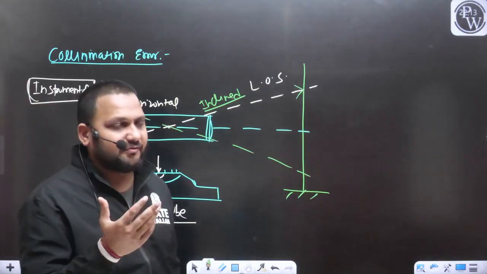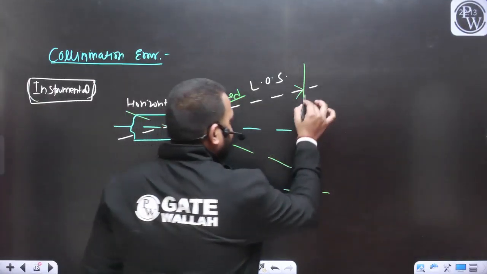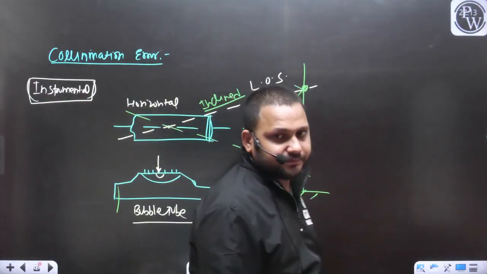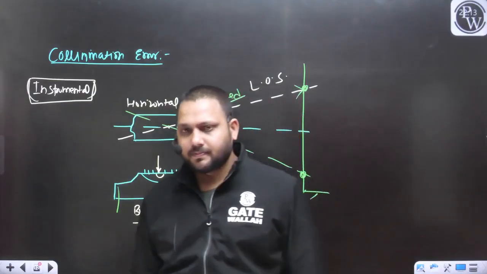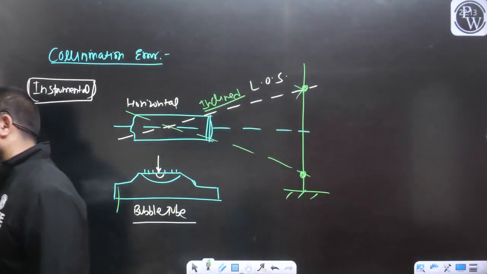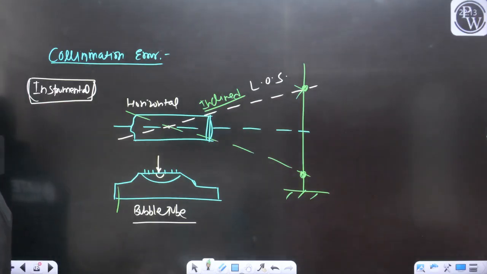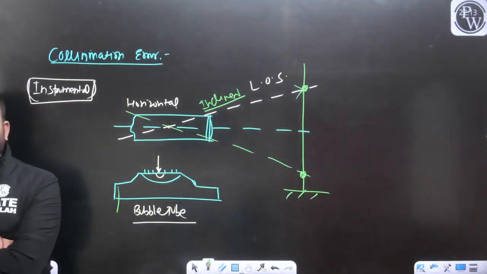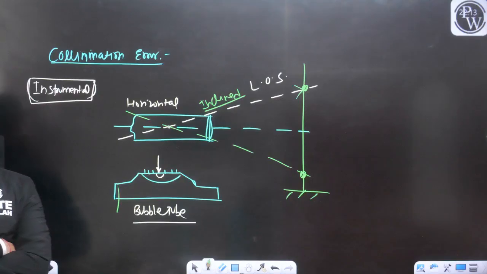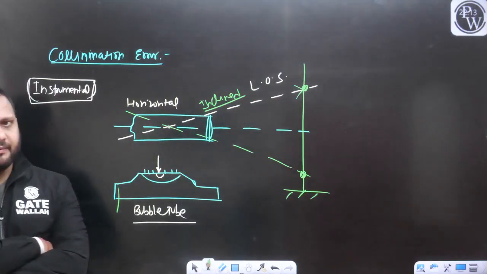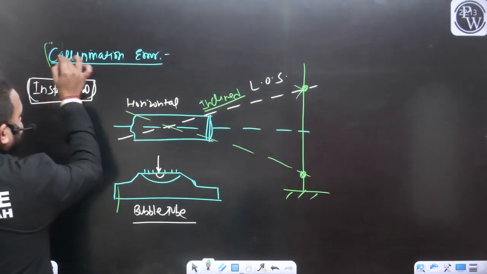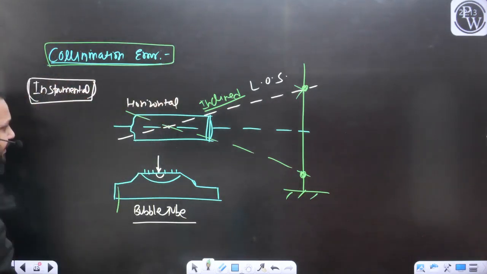In this situation, whatever staff readings you take are going to be incorrect, yes or no? So can I say this error is introduced in our measurement due to the collimation line, due to the faulty instrument? That's why we are defining this error as the collimation error.